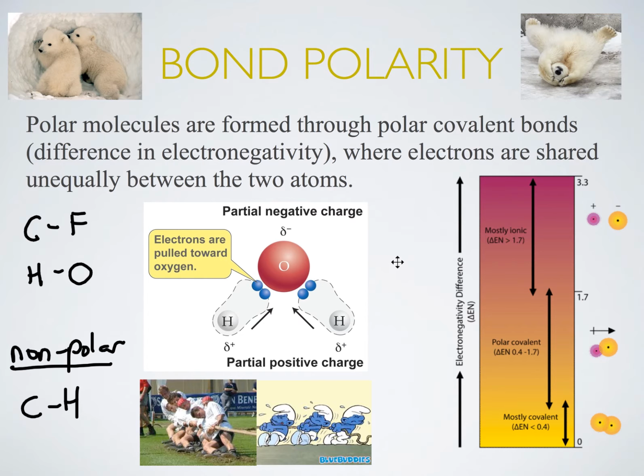Now, when we're actually drawing the polarity of the bonds inside the molecule, we have this symbol for partial. It looks kind of like a circle with a little tail on the end, and then we put a negative or plus sign. It's not a full plus or minus like an ionic bond, but it's a similar idea.